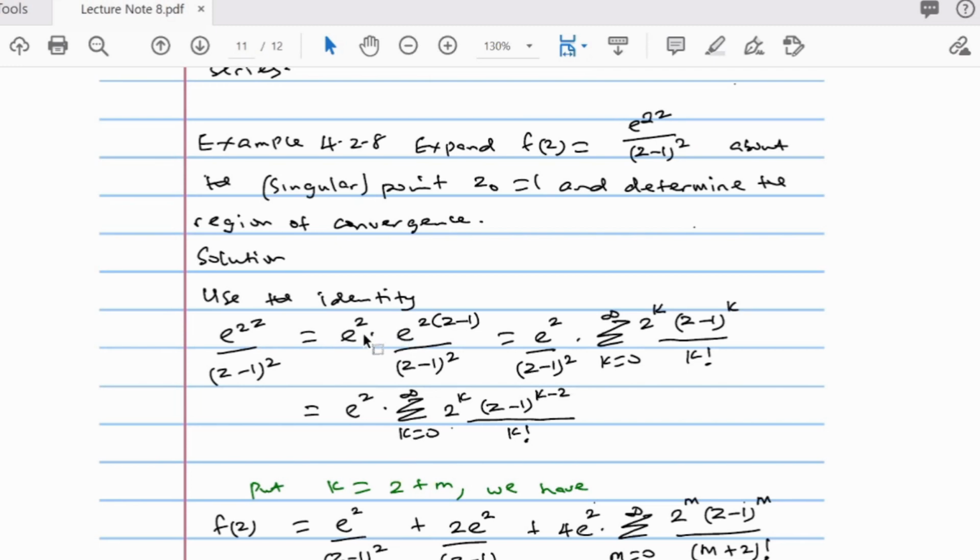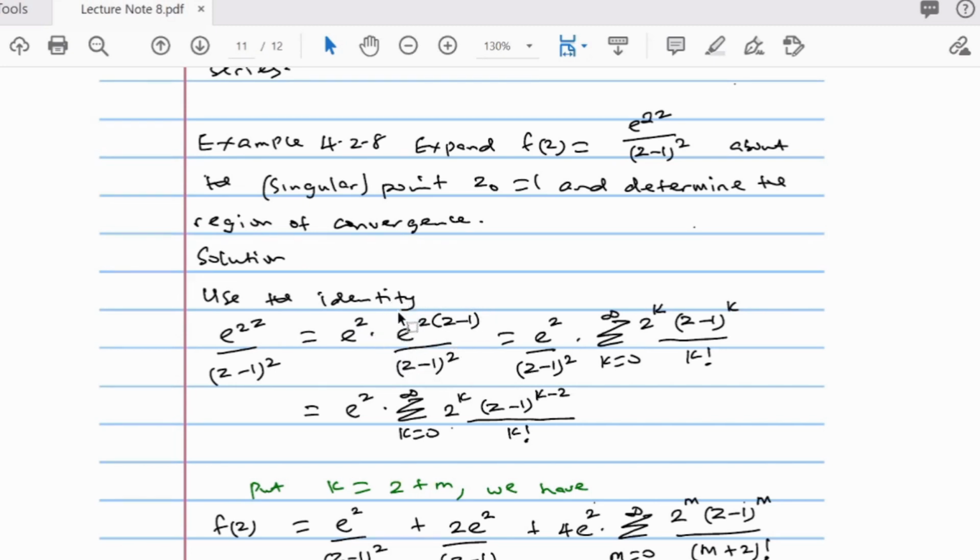If you look at the numerator, we have e to the power 2z, so this numerator is not the same thing as e to the power 2(z minus 1). So I only have e to the power 2 all over (z minus 1) squared, and I want to find the expansion of this.